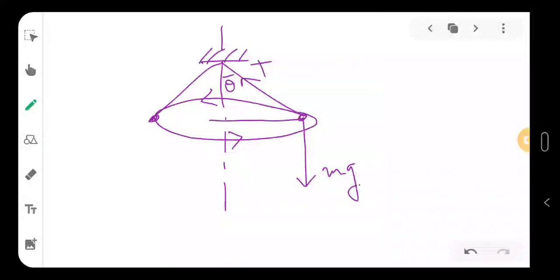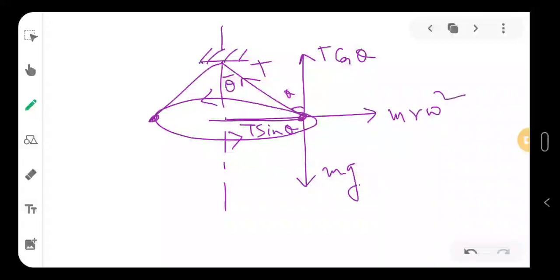First, this T will be split into two components. So this is theta, this will be T cos theta, this will be T sin theta, and because it is rotating in a round circle, there will be a centrifugal force, that is m r omega square. R is this distance, and that also we can find out using trigonometry if we know the length of the pendulum itself.